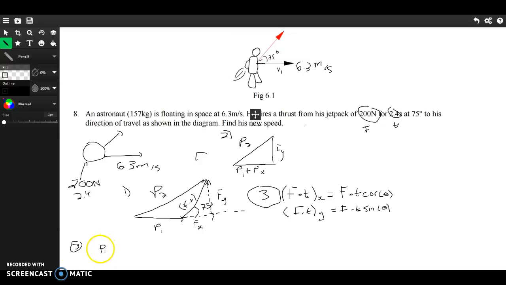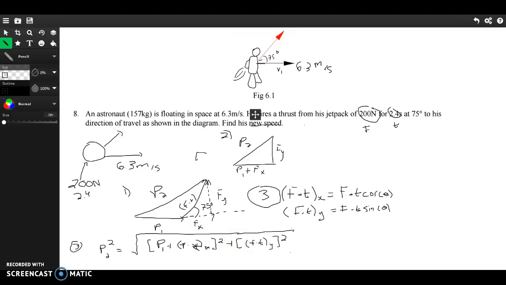It's that P2 is equal to the square root of P1 plus F times t in the x direction plus F times t in the y direction.